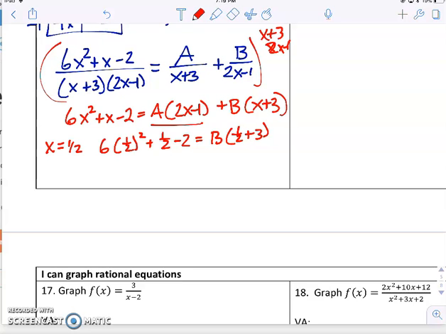So this would be 6/4 plus half, so plus 2/4, minus 2, equals 3.5b. So 8/4, 2 minus 2 is 0. So b equals 3.